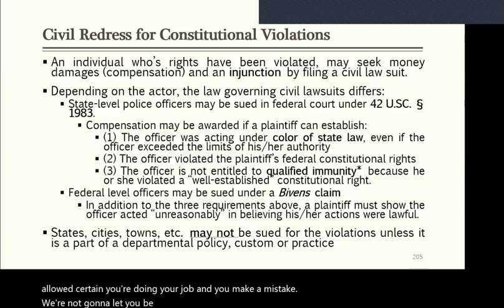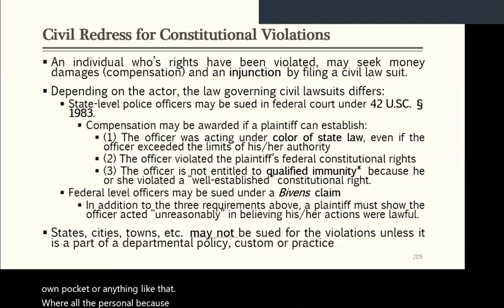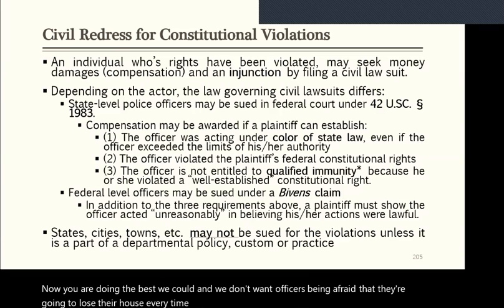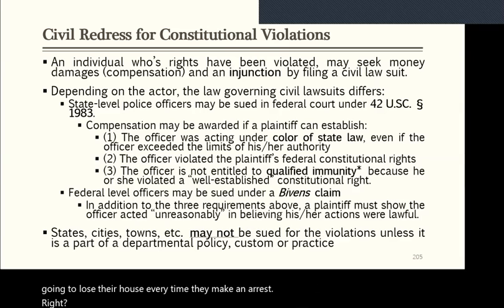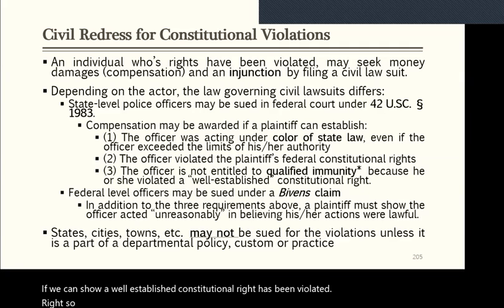You don't have to pay money out of your own pocket or anything like that. We're not going to let you be personally liable because you were doing the best you could, and we don't want officers being afraid that they're going to lose their house every time they make an arrest, right? But you lose this protection if we can show a well-established constitutional right has been violated, right? So let's say that the police officers just bust down your door.